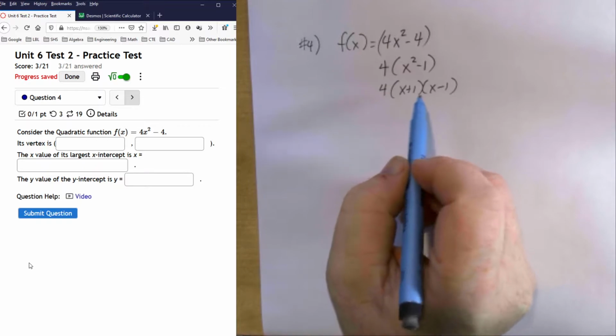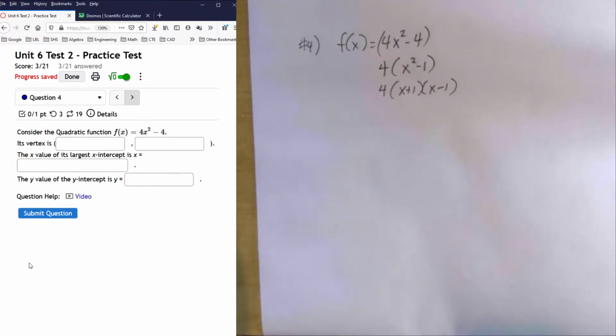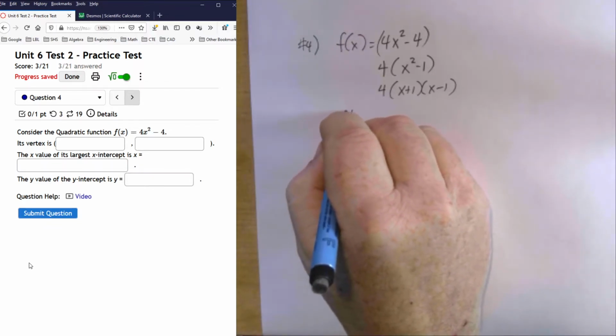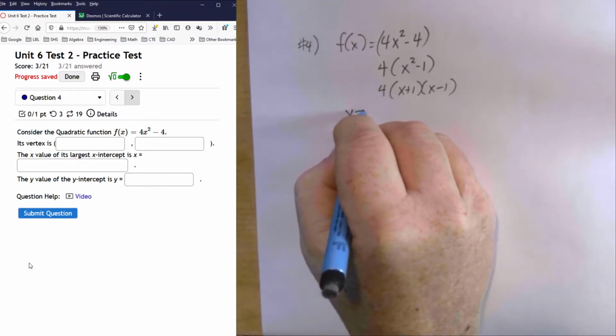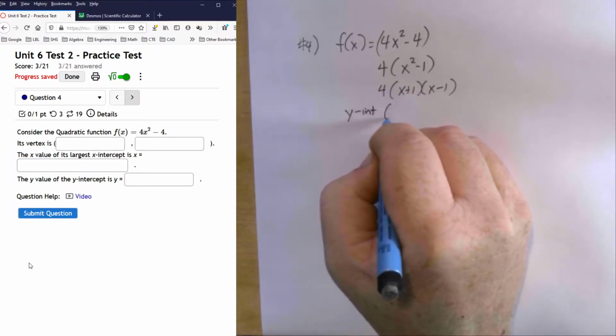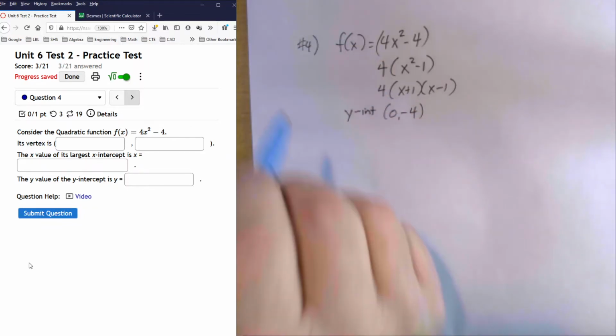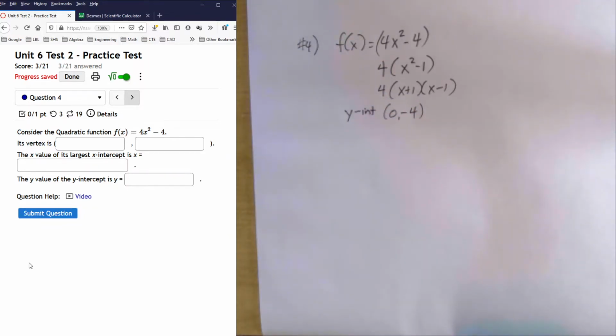I also know that when I have a difference of squares like that, right, my axis of symmetry is the y-axis. It's where x is equal to 0. Okay? So my y-intercept and my vertex are going to be the same point. So I know that on this parabola, my y-intercept is 0, negative 4. Right? If I put 0 in for x and multiply that out, I get negative 4.